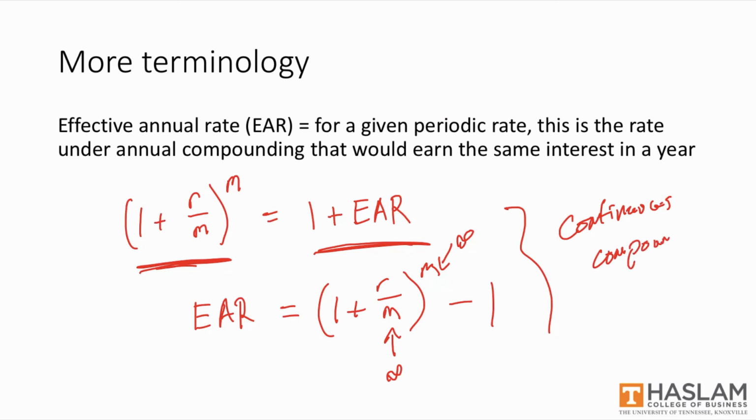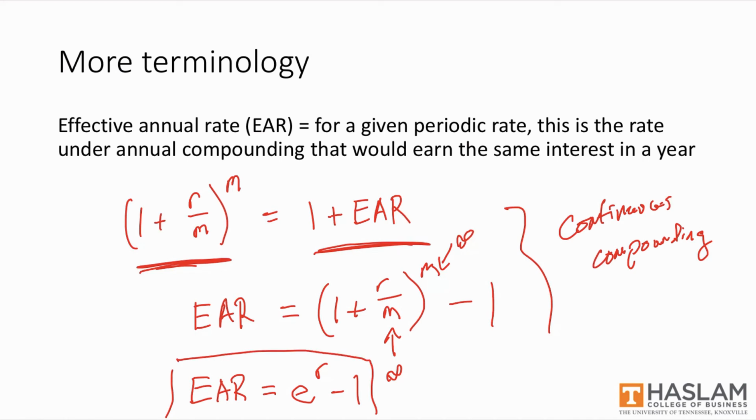And one can show mathematically that if M goes to infinity, EAR is equal to the number e raised to the r power minus 1. So there's the continuous compounding case.